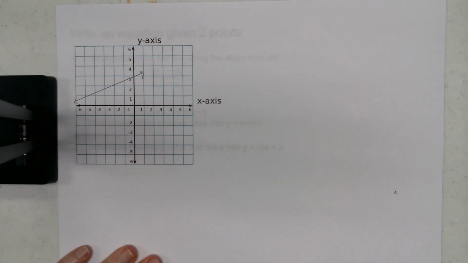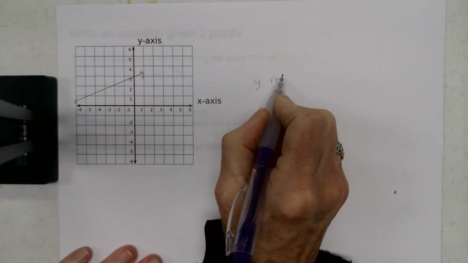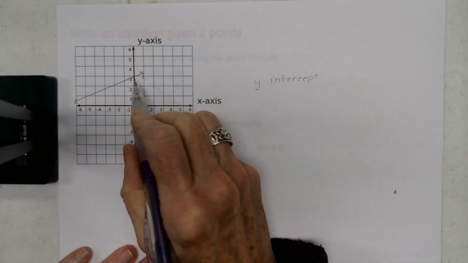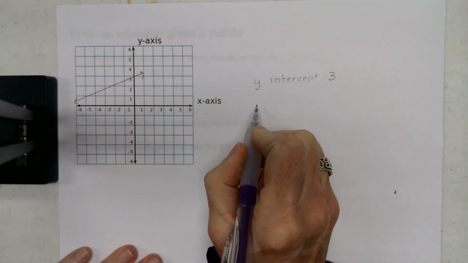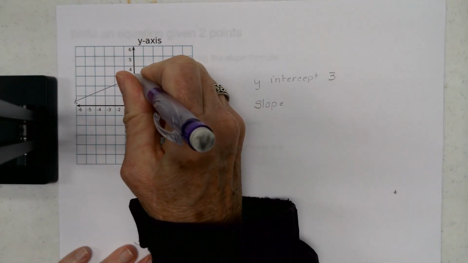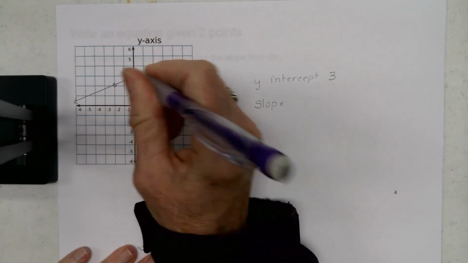If you look at this graph, I can see where it crosses the y-axis. So the y-intercept is at +3. For my slope, I'm going from here to the next time it crosses a corner, which is there.